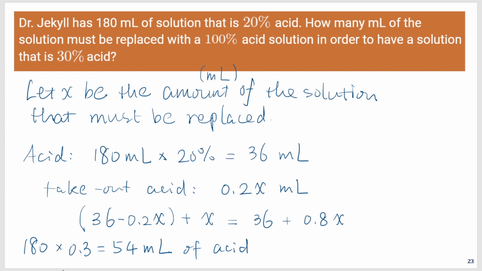So solving this equation tells us that X equals 22.5 milliliters, right? So 22.5 milliliters of the original solution must be replaced with 100% acid. Did you get it? Any questions?